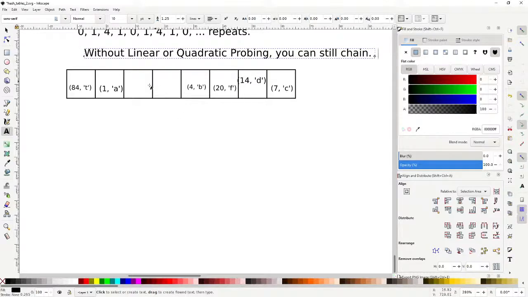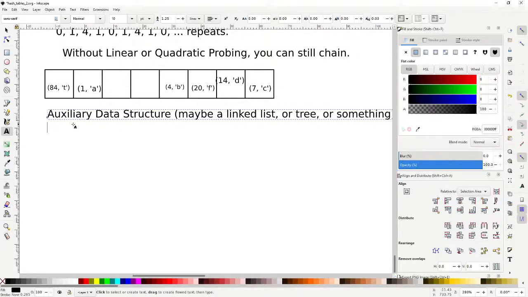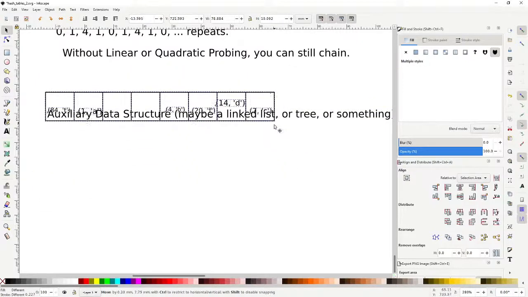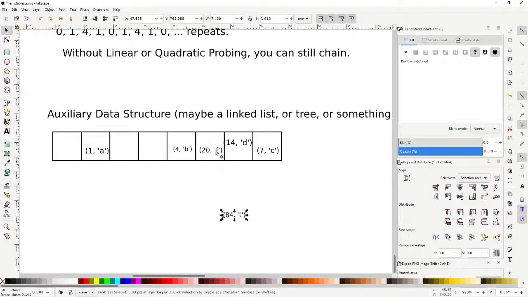Chaining is if you have a data structure, so you need an auxiliary data structure, maybe a linked list or tree or something. And what's going to happen is that if there's ever a hash collision, you resolve it by just inserting it at that position into that data structure. So for instance, here are the ones that collide, right?